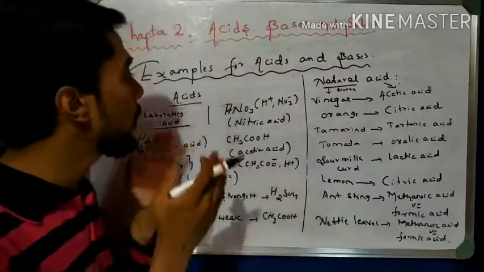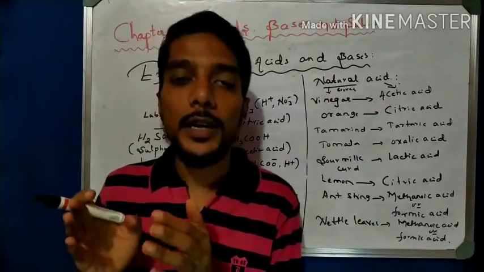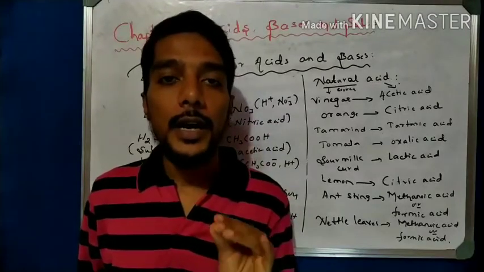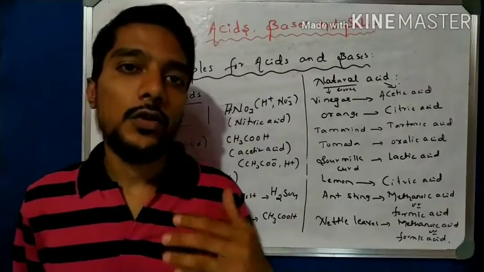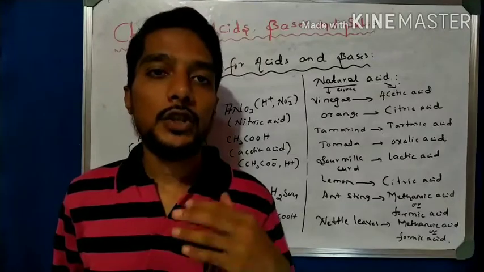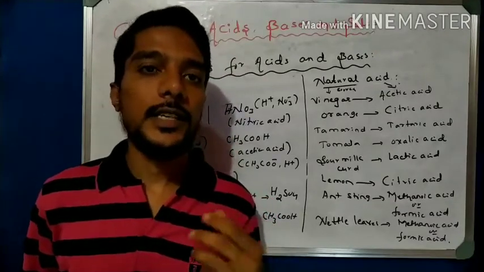In the acid examples, we took two parts. One part is laboratory acids: sulfuric acid, hydrochloric acid, nitric acid and acetic acid. Among the four, H2SO4, sulfuric acid, is the strongest acid, and the weak acid is acetic acid.